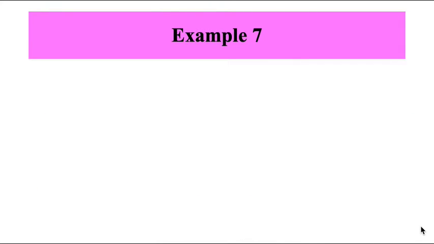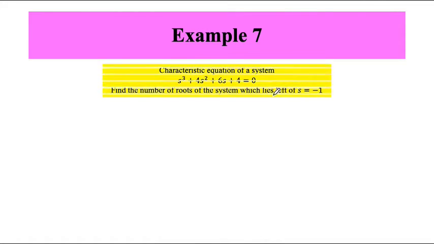So in problem 7, we find the number of roots which are to the left of the axis s equals minus 1. So how to do that? We have to find out how many roots are there to the left of s equals minus 1 in the s plane.